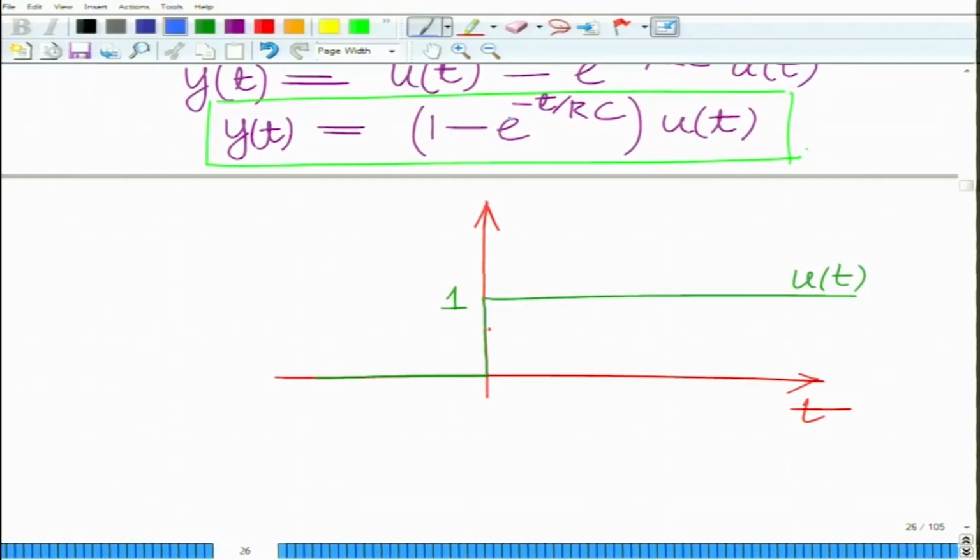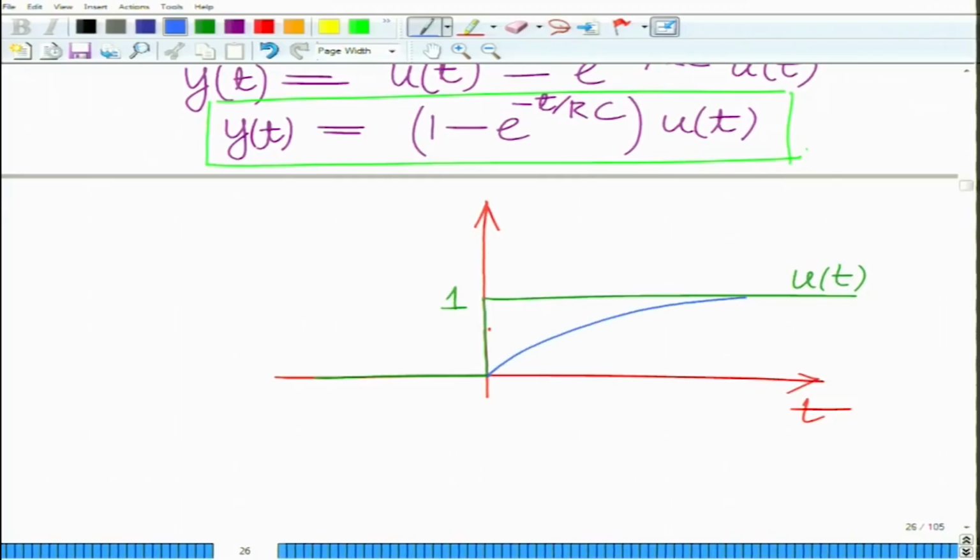So, at t equal to 0, this is 1 minus 1, that is 0, and at t equal to infinity, e raised to minus t over RC is 0, so 1 minus e raised to minus t over RC is 1. So, it starts from 0 and at t equal to infinity it approaches 1. So, this is basically your 1 minus e raised to minus t over RC into u(t).